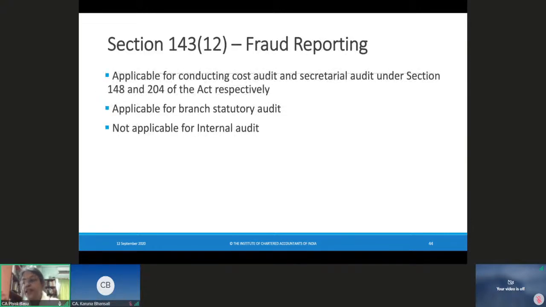Based on professional judgment, and you see here in this case, it has already been notified that 1 crore and above, certain things apply, and for below 1 crore, what you're supposed to do. Now, for less than 1 crore, one has to decide whether you're going to report it to the management or not. So these were taken into consideration during the amendments.